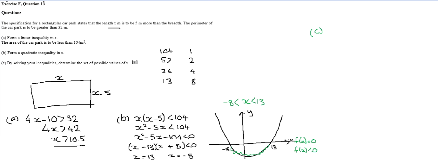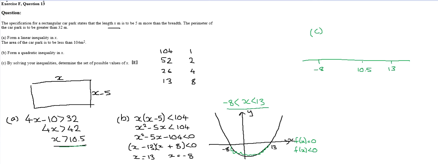Okay, so to finish off part C, we have to say the set of values for x. Now we've got some criteria here. The numbers we're dealing with are minus 8, 10.5, which is from part A, and 13.